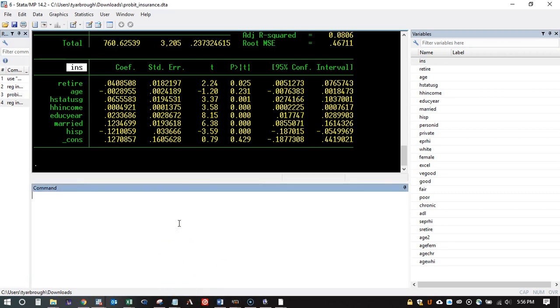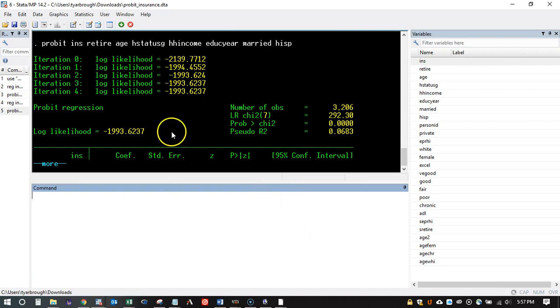So now we'll run a Probit model. Same model as before: insurance as the dependent variable, and these covariates on the right-hand side. So run that regression. The first thing you'll notice is that because the model uses a log likelihood method, it has to converge.